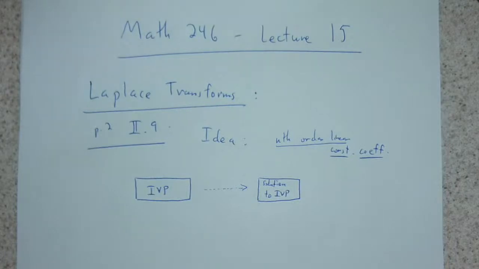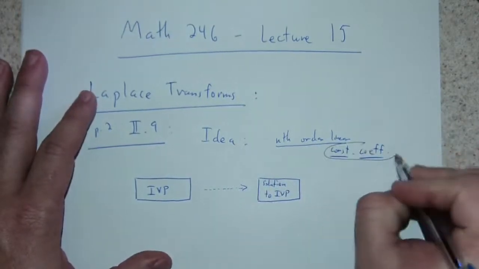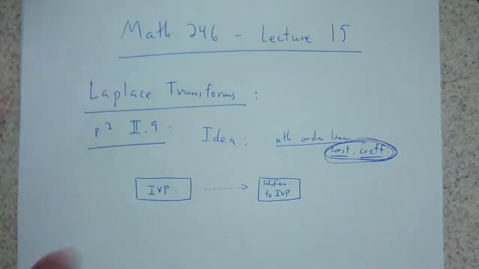In terms of how this works, there's really no difference conceptually between applying this to a second order, third order, or seventh order equation. The process is exactly the same. So the idea is I have an nth order linear constant coefficient equation. This is very important, so I do need constant coefficients here.